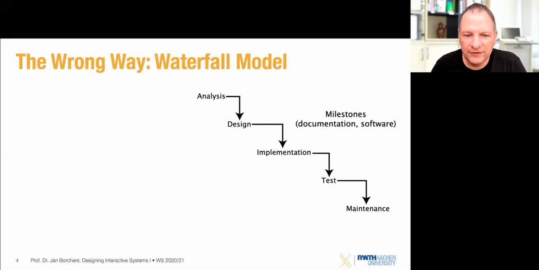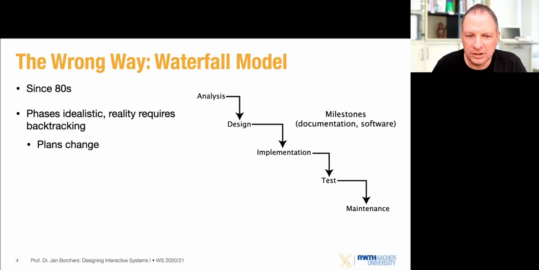In the 50s, people started writing bigger pieces of software, and there was a model developed built around analysis, design, implementation, test, and maintenance, like the old waterfall model, right? It's from the 50s, but it's very idealistic. We know since around the 1980s, when software became bigger and bigger, that this is not how you can work, because we are making a lot of assumptions here.